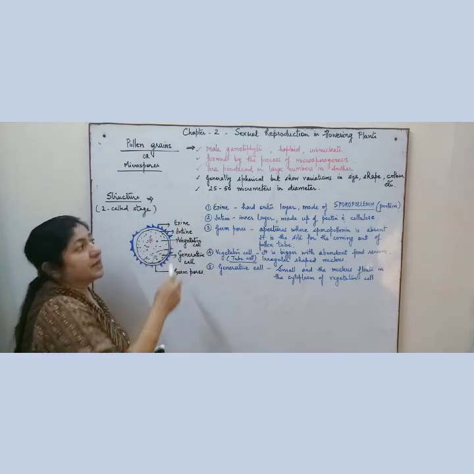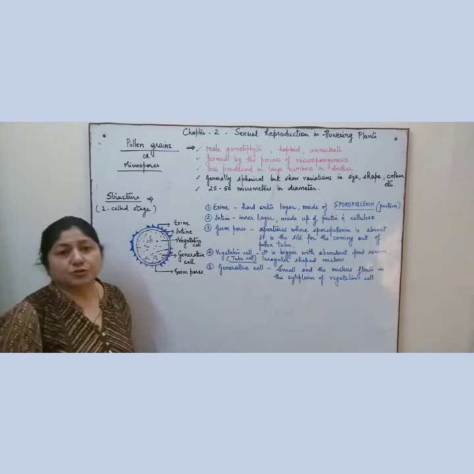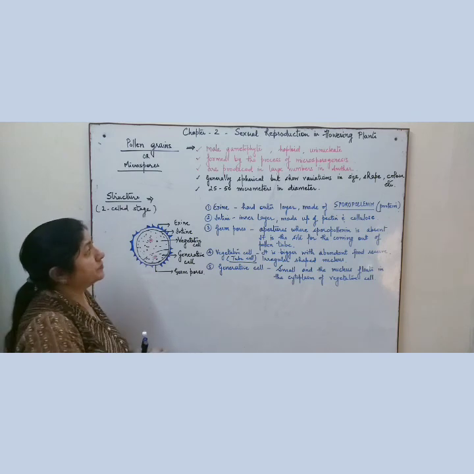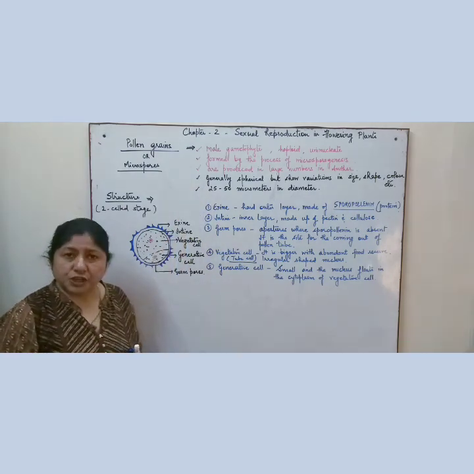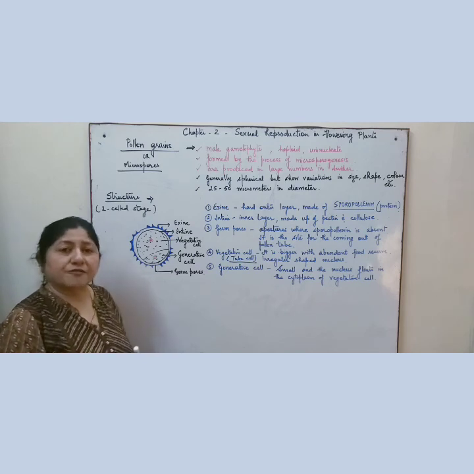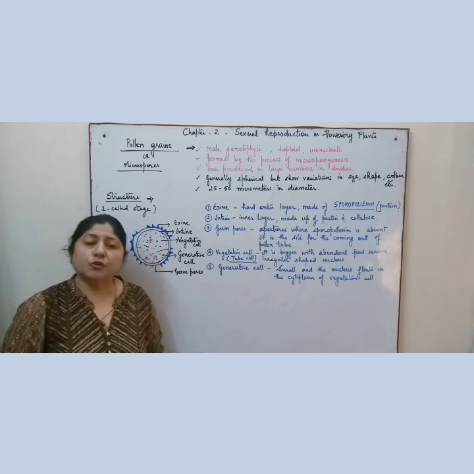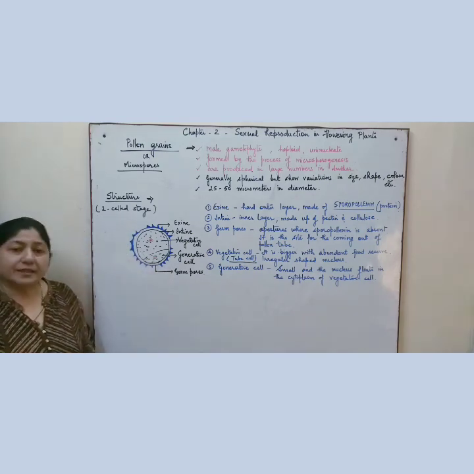They are produced in large numbers in the anther, and they are found to be present in the pollen sacs. They are stored over there. Now, when we talk about the pollen grain structure, or the shape and the size, these are generally spherical in shape, but they show a lot of variation in size, shape, and color also.